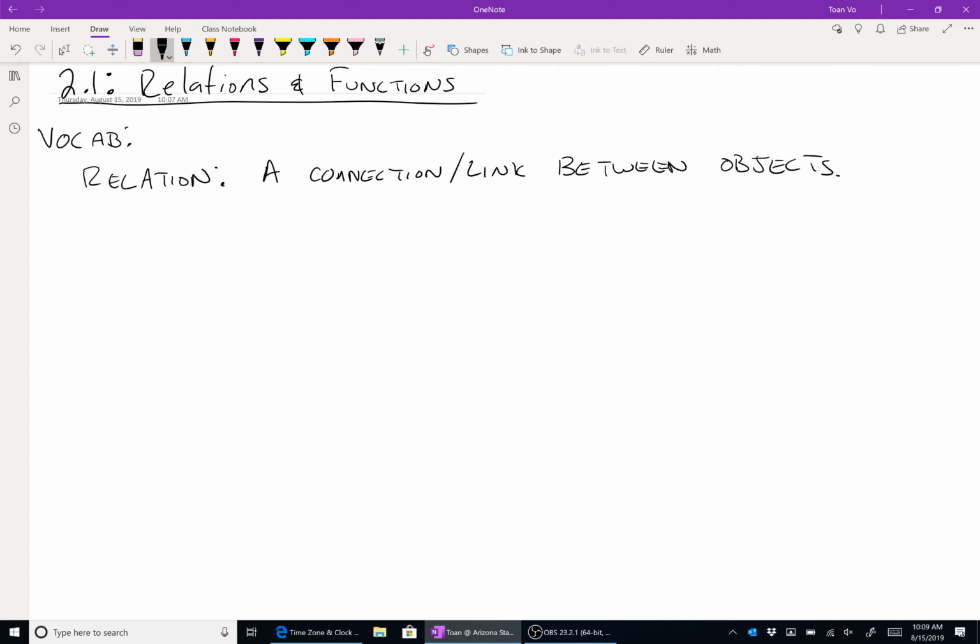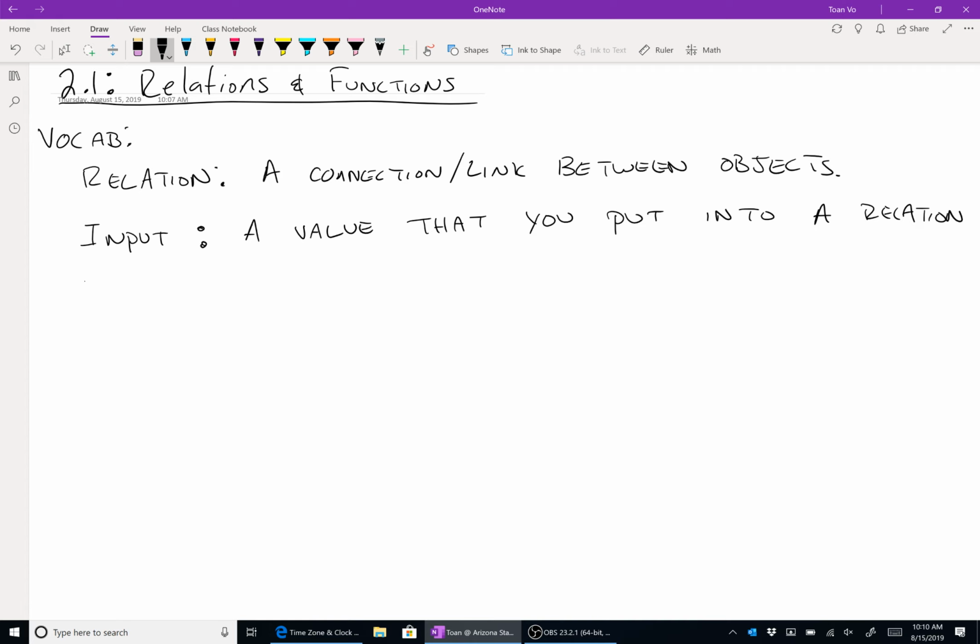Other words that I'll be using a lot in this section or in math in general are inputs and outputs. So the input, as the word suggests, is a value that you put into a relation.